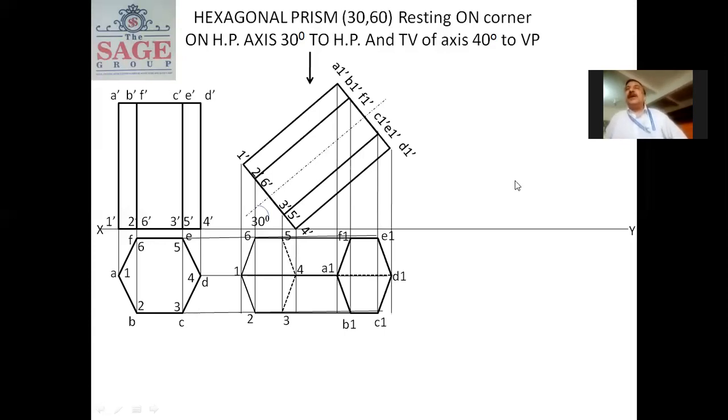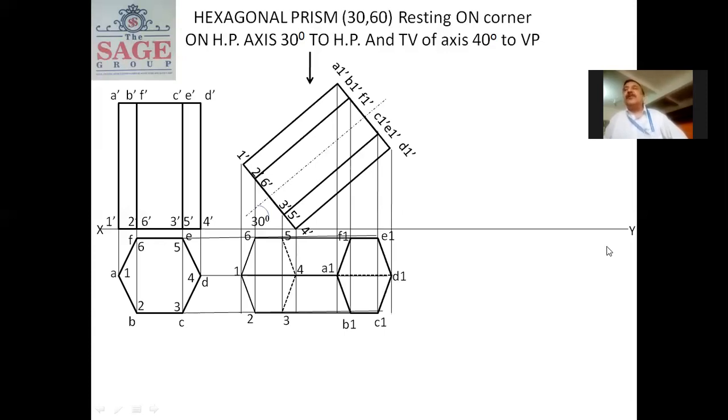Now our next problem, the top view. In the question, the top view of the axis at 40 degrees to VP is given. This means the top view of the axis, or the line which passes through the axis.